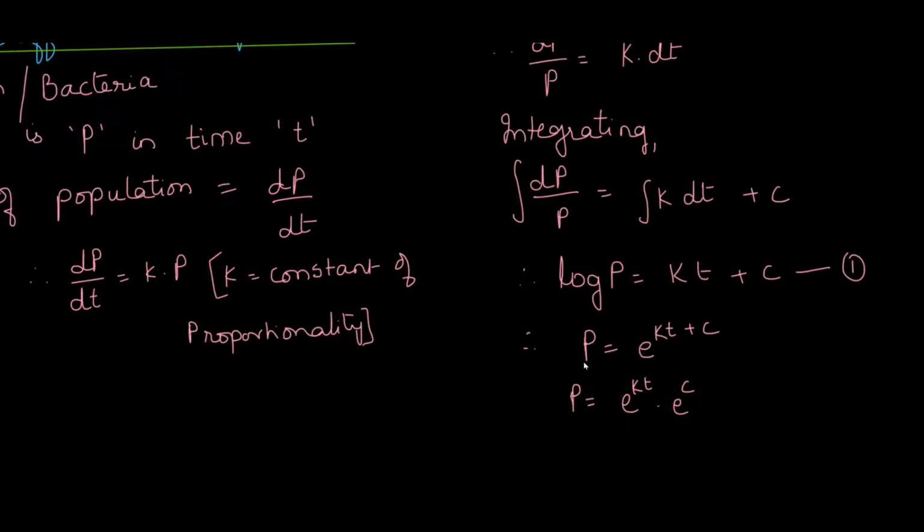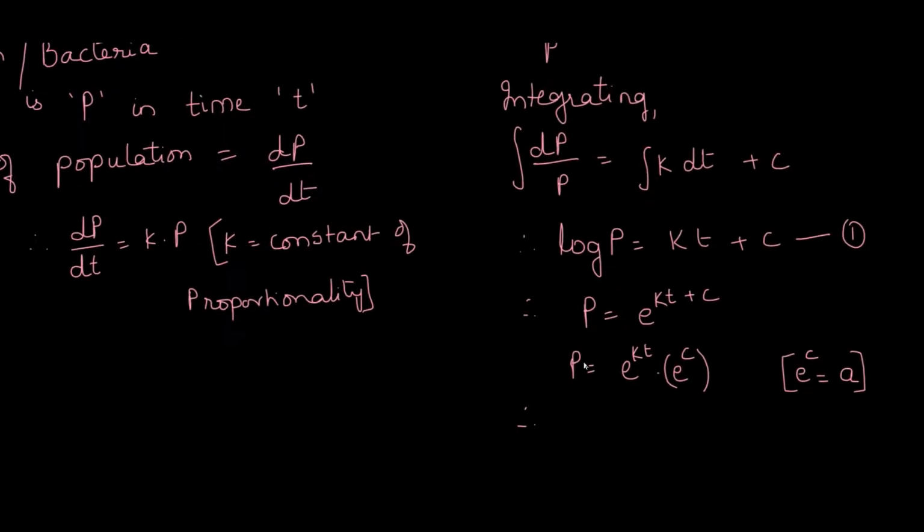Now this e raised to c is a constant and this e raised to c is put as another constant called a. And therefore we have P is equal to a into e raised to kt.